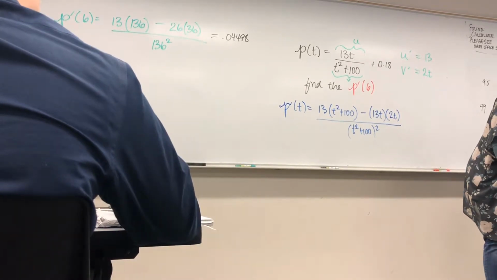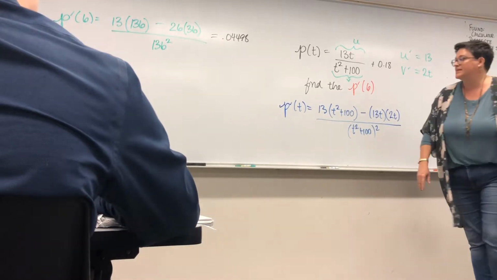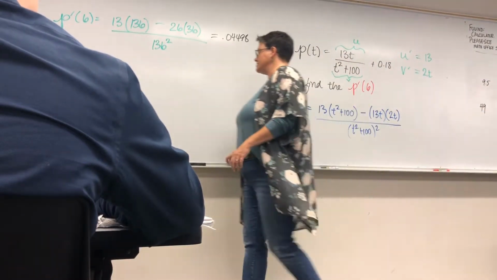Okay, support portion P of voters who recognize a candidate's name T months after the start of the campaign is given. So find the rate of change of P when T equals 6. So this is a proportion, it's a percent.